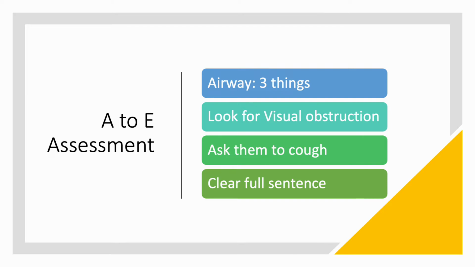Because the A to E assessment is designed in such a way that it gives more priority to a particular system than the rest. For example, airway is more important because once you identify a problem with the airway and sort it out, automatically we can sort out a lot of other issues.